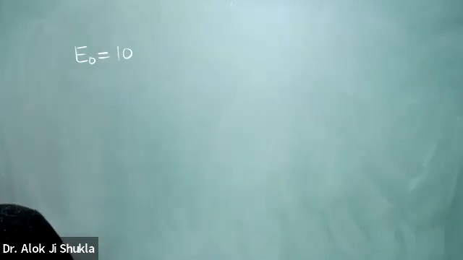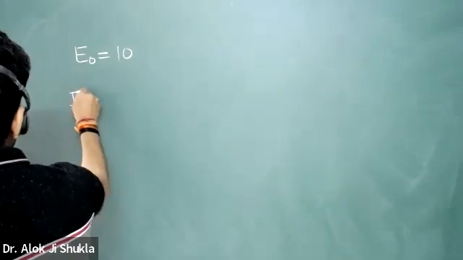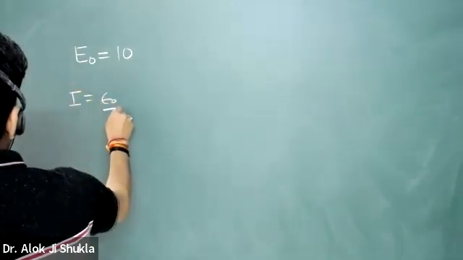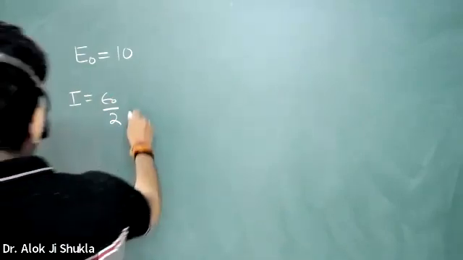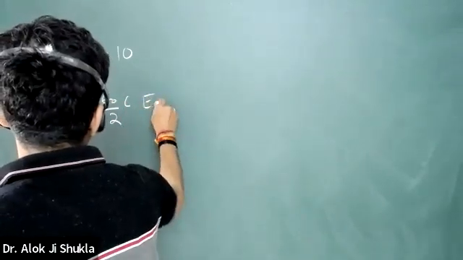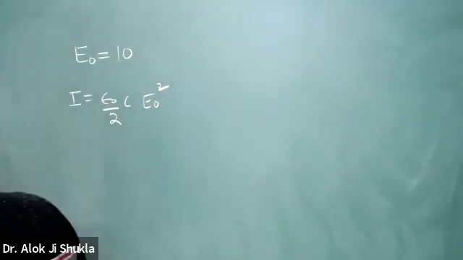So what is power per unit area? Approximate. Intensity. So if you have seen, intensity is also power per unit area. If you remember, I have derived this: epsilon naught by 2 C epsilon naught E naught square.